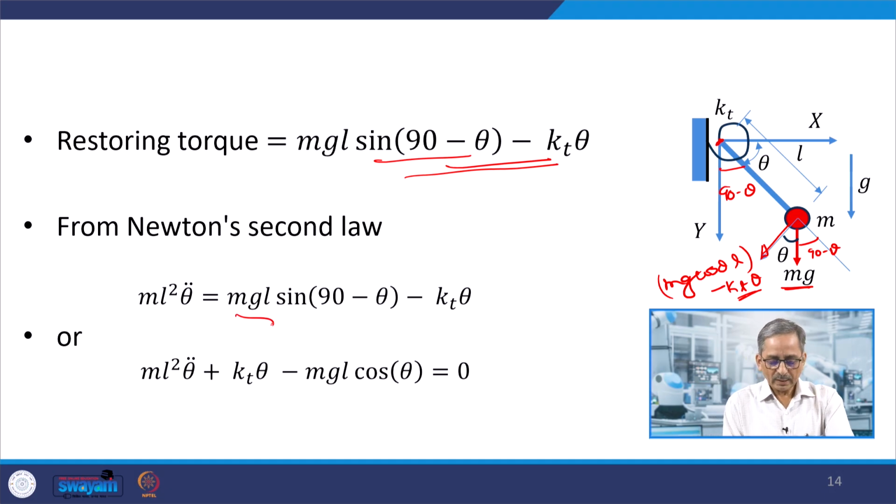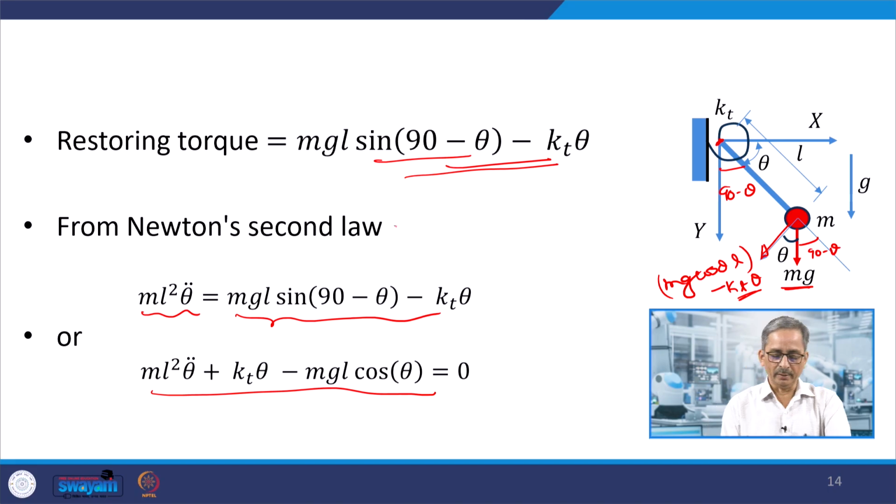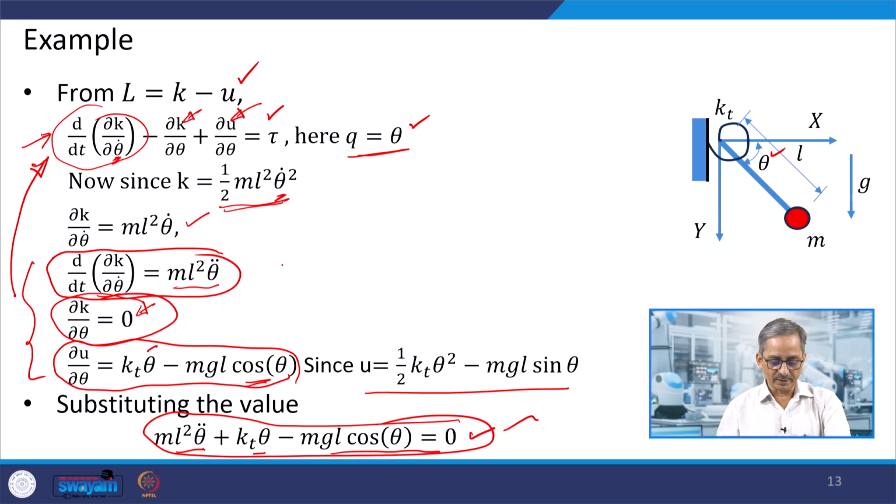So this is the unbalanced torque, which I can equate with I theta double dot, that is, ml square theta double dot. So this is the same equation which we got over here. All right. So here we did it using Newton's second law, and there we did it using the Lagrangian formulation.